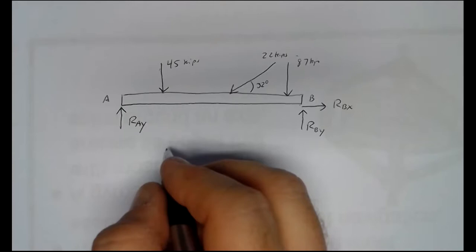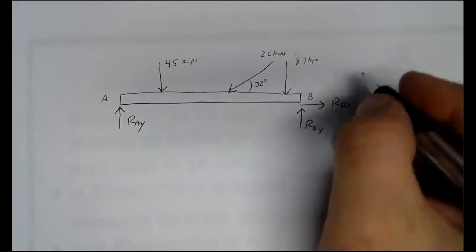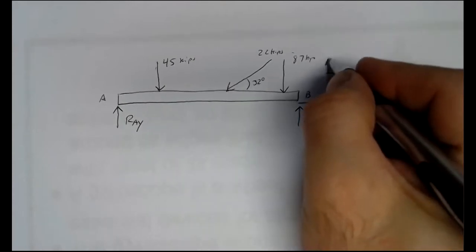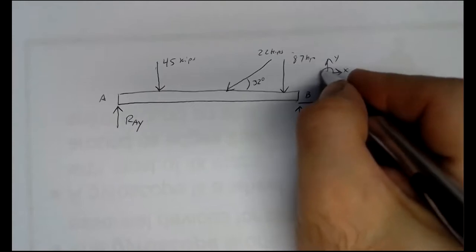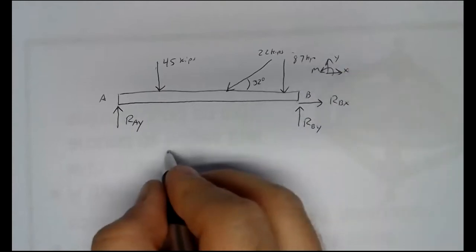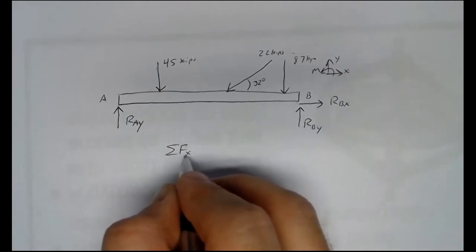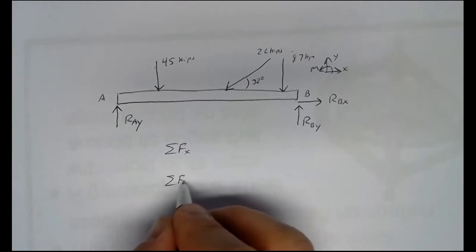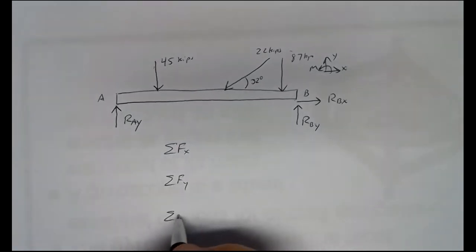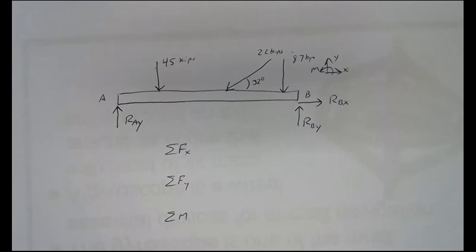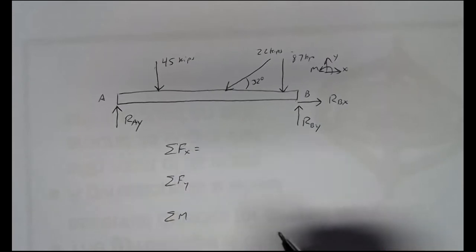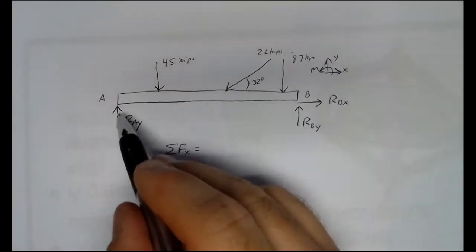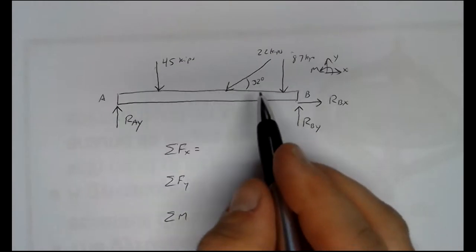Now, the basic setup is to form our equations of equilibrium. Once we've got that free body diagram, we do our sum of forces in the x direction, sum of forces in the y direction, and sum of moments about a point. Well, sum of forces in the x direction, we don't pick anything up from RAY or the 45 kips force.